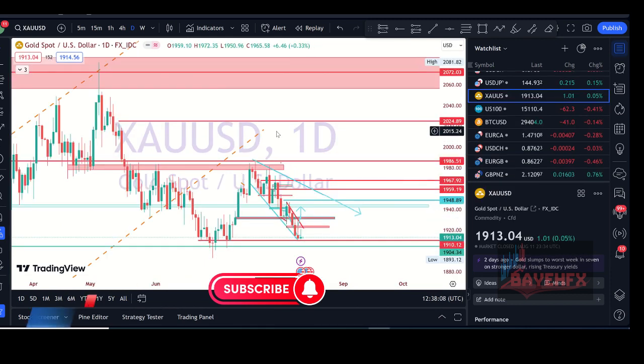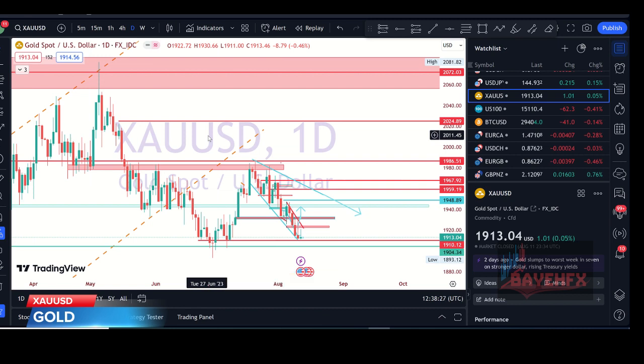Okay guys, this is analysis on gold USD. As you can see from our previous analysis on the dollar index, we were predicting that the dollar index is trying to be more strong.